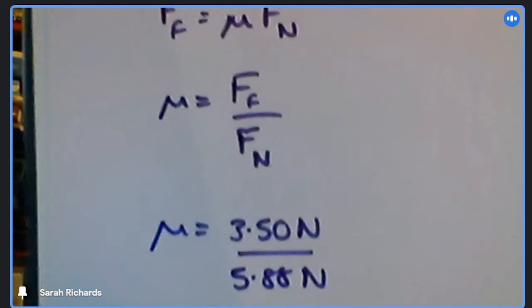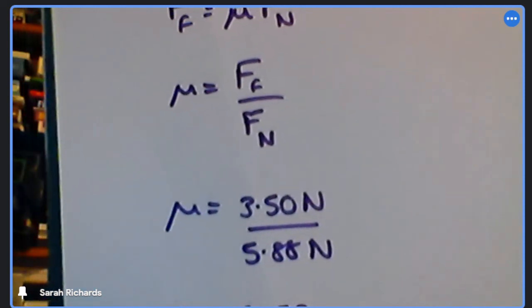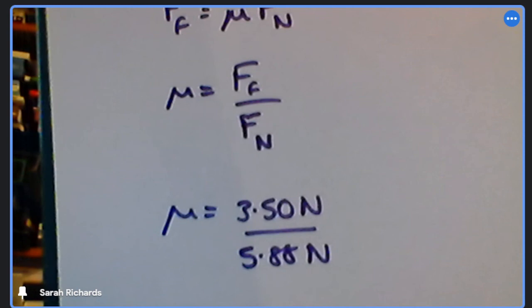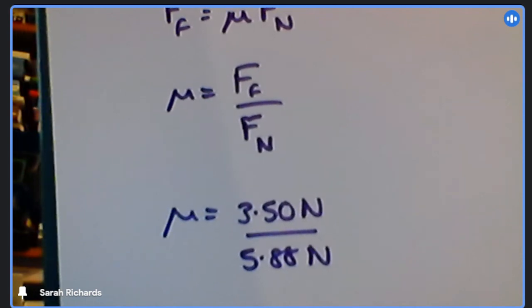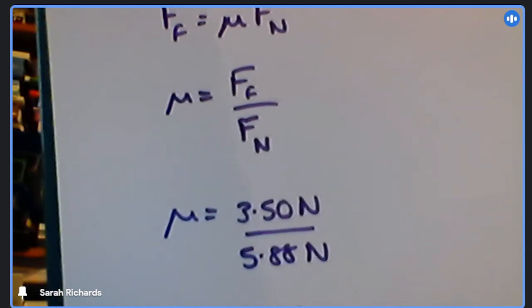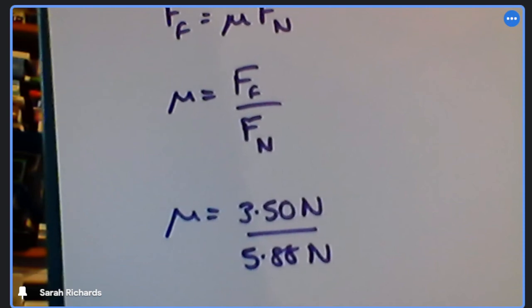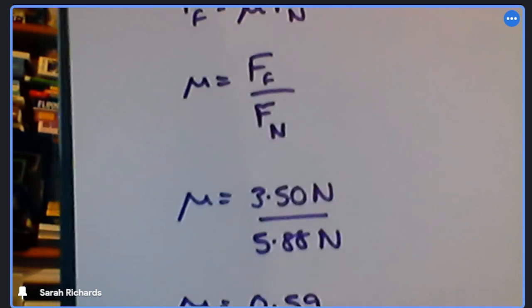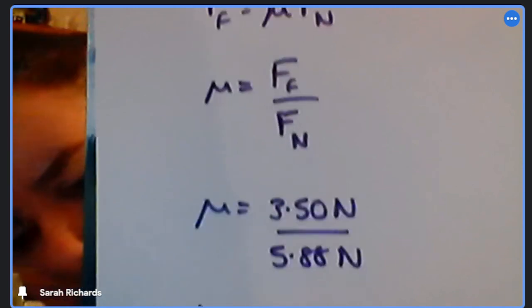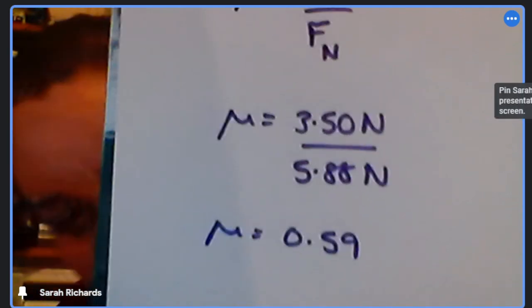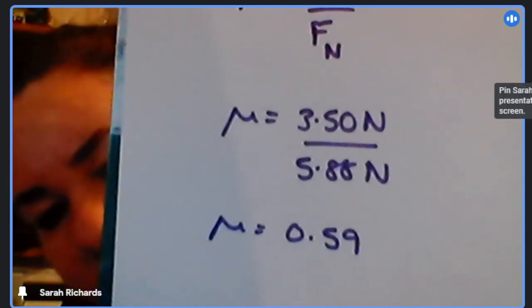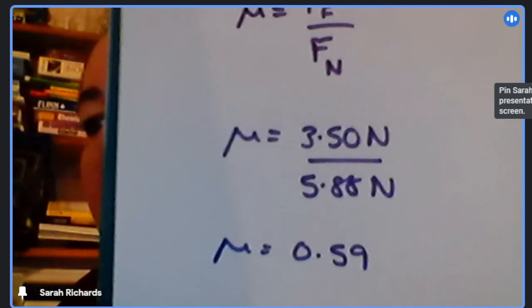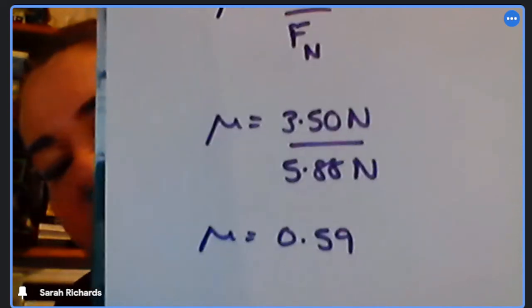I don't know if you can see that there. So obviously the answer that we worked out from the previous part of that question we need for this part. And then I get the answer, 0.59, that's my coefficient of friction. Because it's a coefficient or a ratio, it doesn't actually have any units.